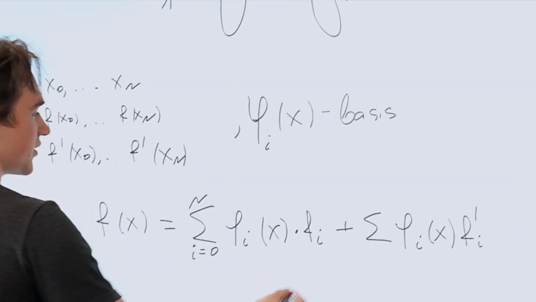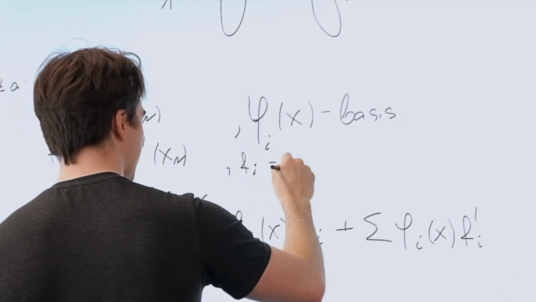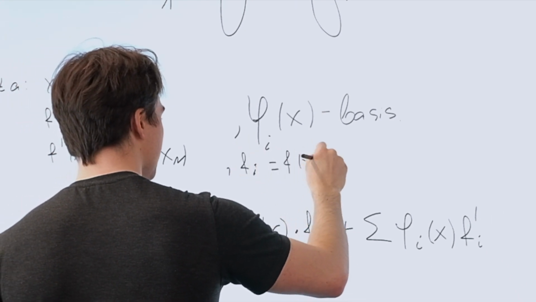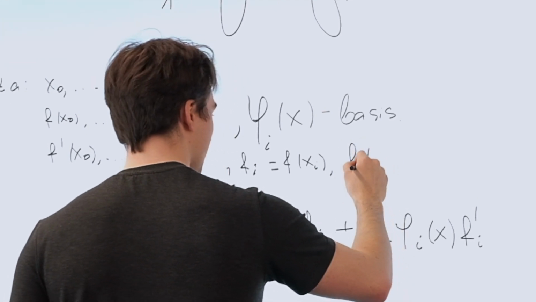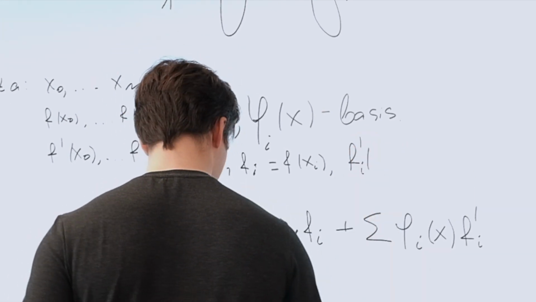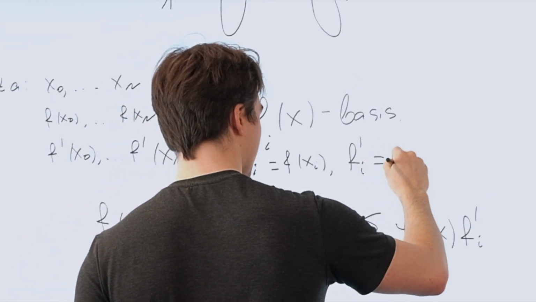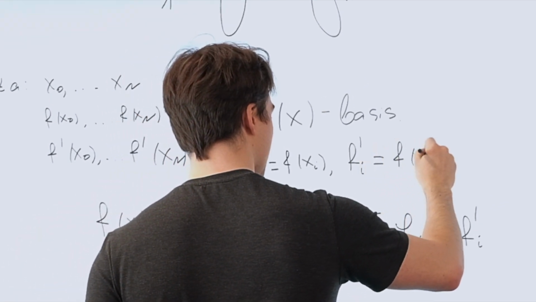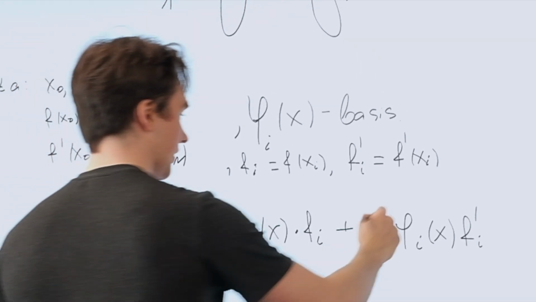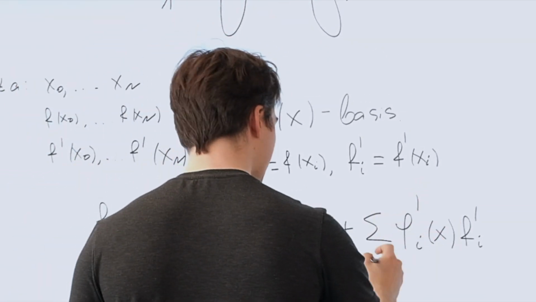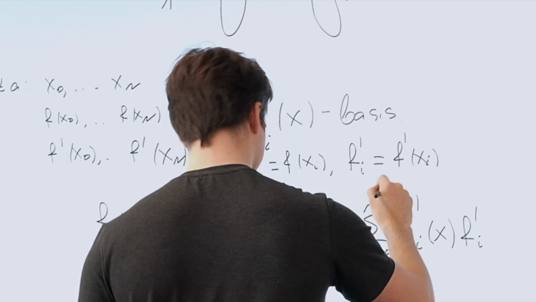Let's, for simplicity, use the notation that f i is f of x i, and f i prime is f prime at point x i. And here we also use the prime, and our i goes from 0 to n.